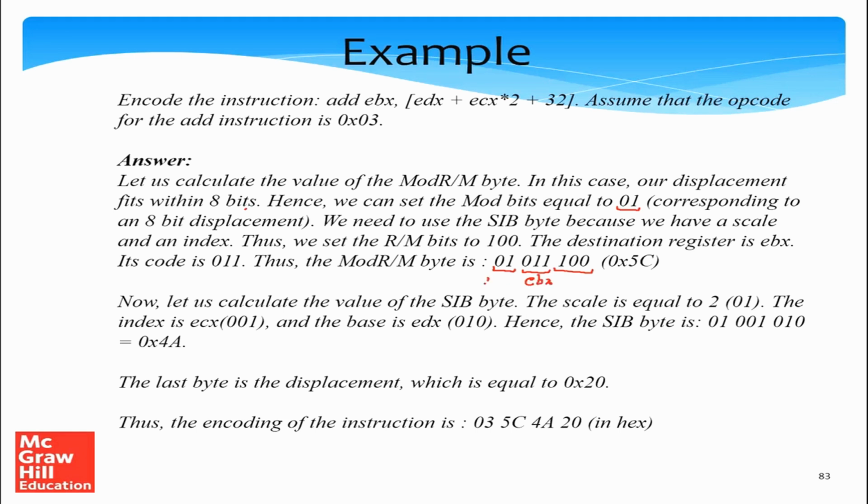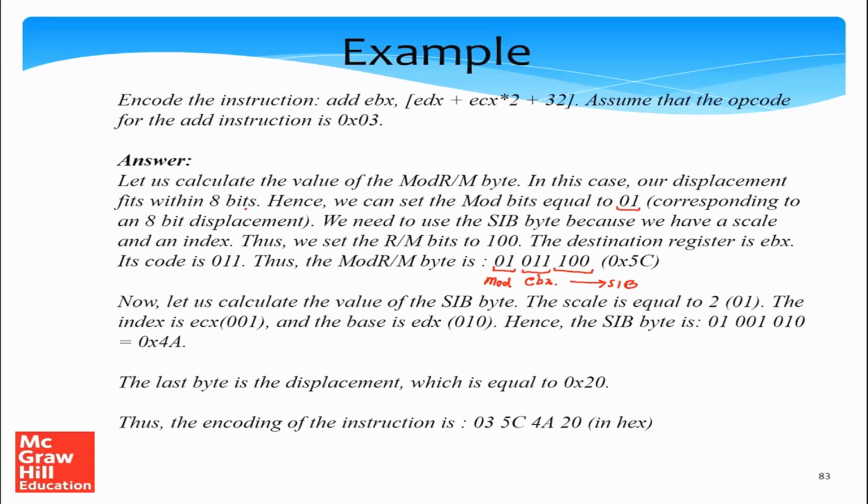These are the mod bits 01 corresponding to an 8-bit displacement. And 100 indicates that we need to go and take a look at the SIB byte. So the encoding of the mod r by m byte is 01, 011, 100, which can be seen as 0101 as 5 and C is 1100.